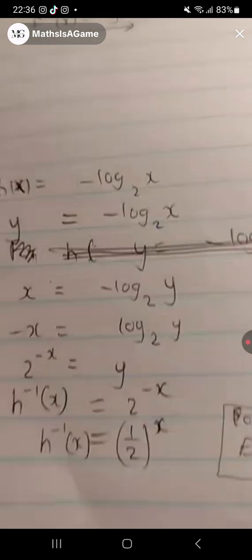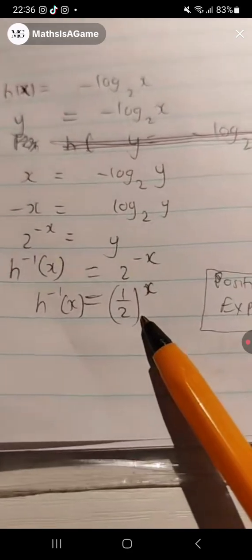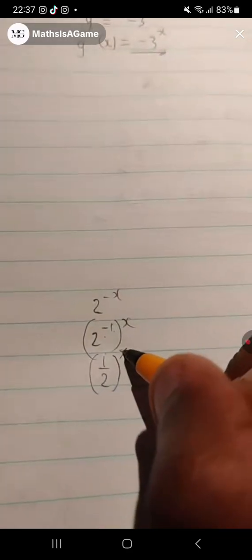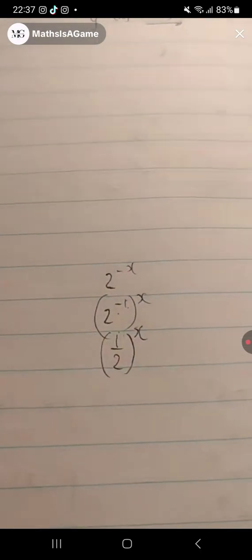Zingubani, what are you saying? Two to the power negative x is the same thing as 2 to the power negative 1 raised to the power x. So then 2 to the power negative 1 is a half, because 2 to the power negative 1 is written as 1 over 2, all raised to the power x.